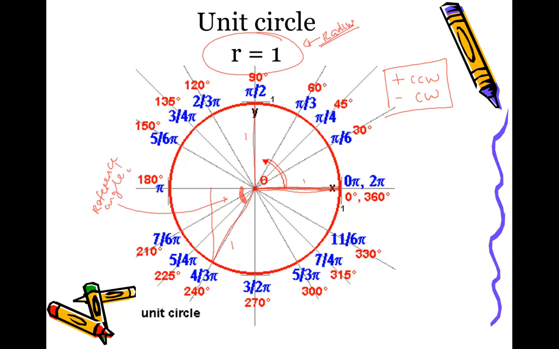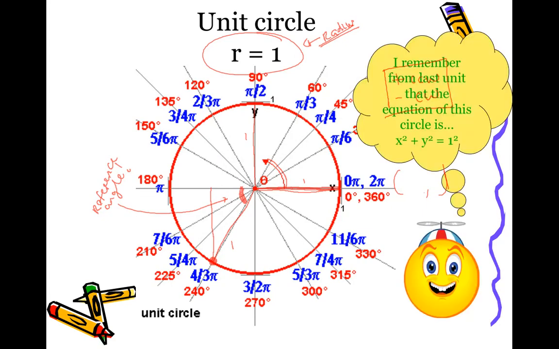If we know the reference angle for something like 4 pi over 3, it's going to help us figure out what the actual coordinate point is. By the end of this lesson, I'm going to put this picture back up, and we're going to be able to identify the coordinate points for every single one of these special angles.